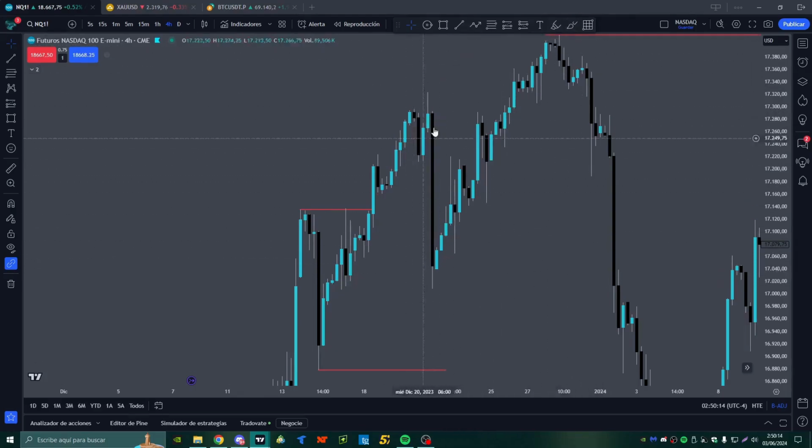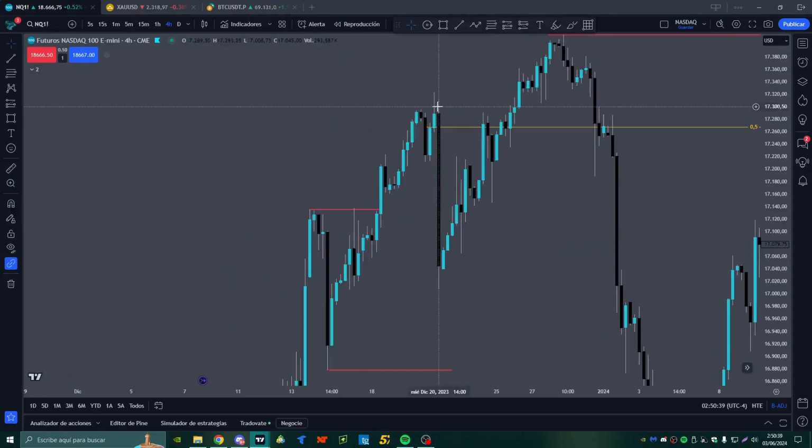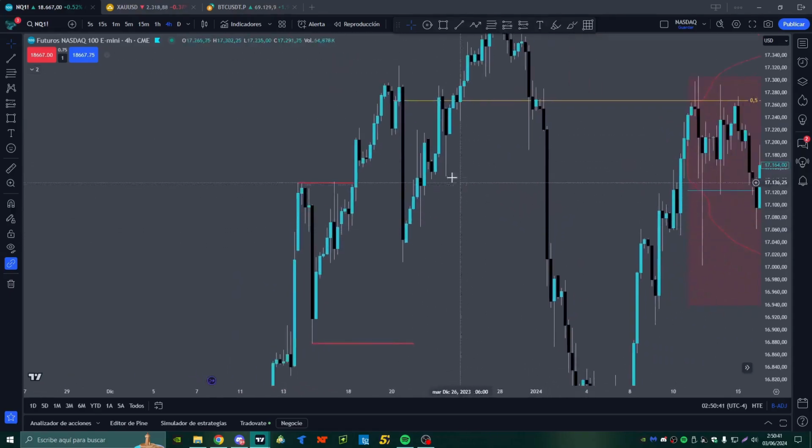Now in a smaller time frame, evidently it was a trend change, and you can see it this way. Here a trend change in a smaller time frame. The price reached that, and that gave a lower time frame pullback to the previous area that was already being built, so that it could continue with the higher time frame trend.